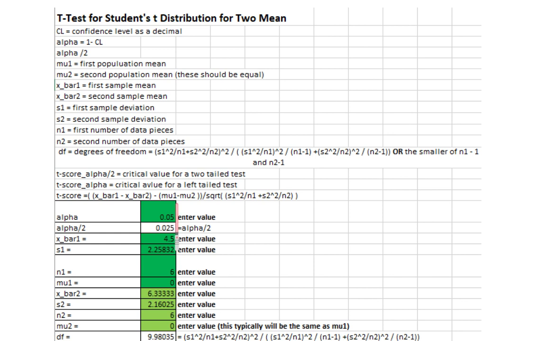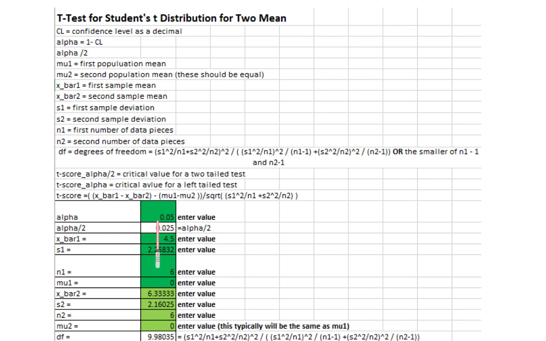If it's uppercased, then that means it's a call within Excel. Now you'll notice here is how I found my degrees of freedom. This is very, very long and involved. If I was you, I would take a moment to build this calculator, use these numbers that I have, and see whether or not your numbers match up to my numbers.